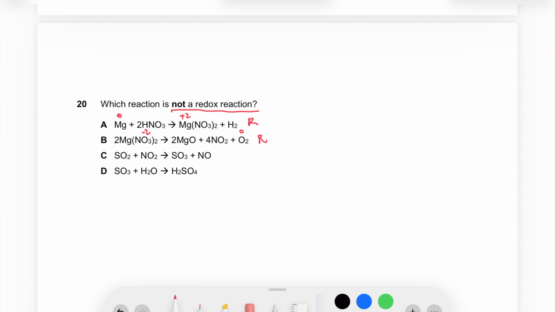And oxygen is -2, so sulfur is +4. Here oxygen is -2, but sulfur here is +6, so there's an oxidation, so this is a redox as well. And oxygen is -2, sulfur is +6, hydrogen is +1, oxygen is -2, oxygen is -2, hydrogen +1, sulfur is +6. So this one, none of the elements oxidize or reduce, so this is not redox. Okay, so answer is D.